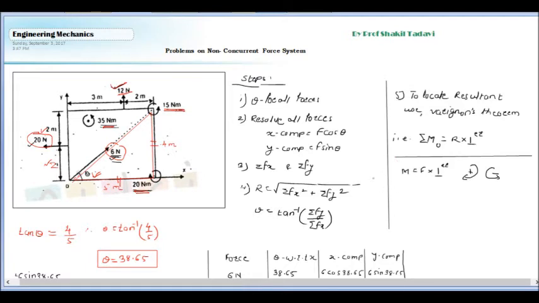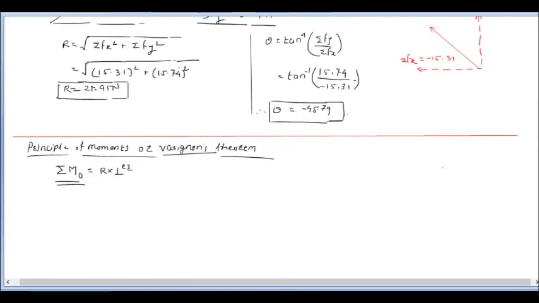So first of all we will calculate the moment. Suppose we are going to calculate the moment because of this 12 Newton force first. Let's say the moment because of the 12 Newton force I am going to consider as M1. So M1 will be equal to force into perpendicular distance, and the sign convention we will assign according to the clockwise and anti-clockwise direction.